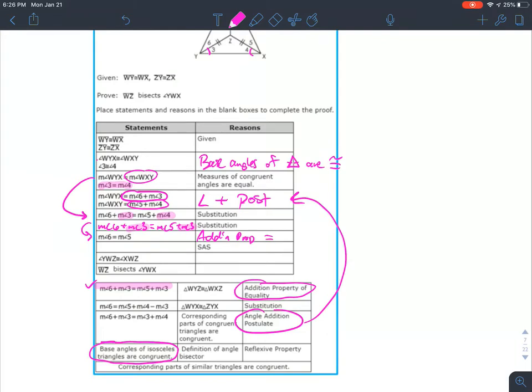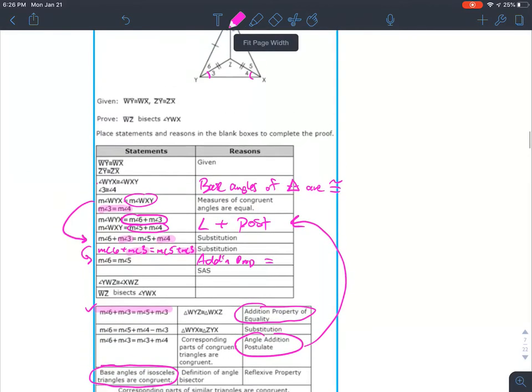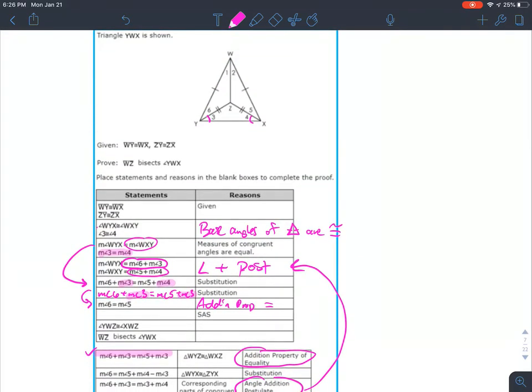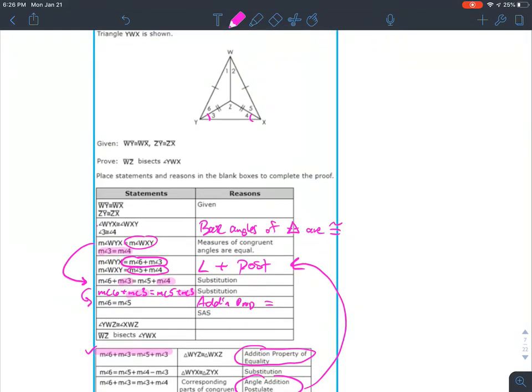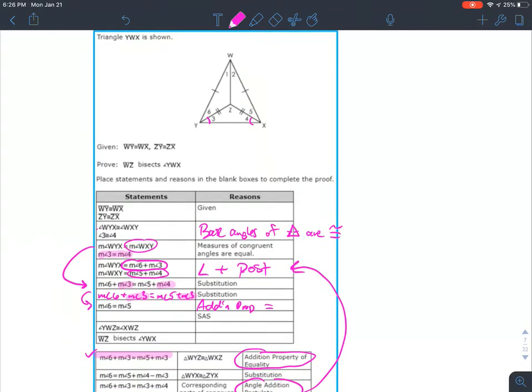Now we have this SAS, side angle side theorem or postulate. This is in reference to two triangles being congruent. For that to happen, we have to have two pairs of sides and the included angle. So let's add some stuff to my picture here. It's referring to this right here.